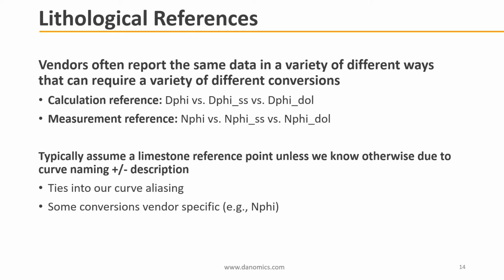So if you really wanted to be 100% correct on this, you would need to alias at the vendor level before doing that conversion. So that's another consideration there. And making this decision really depends on the level of accuracy that's needed for your analysis.